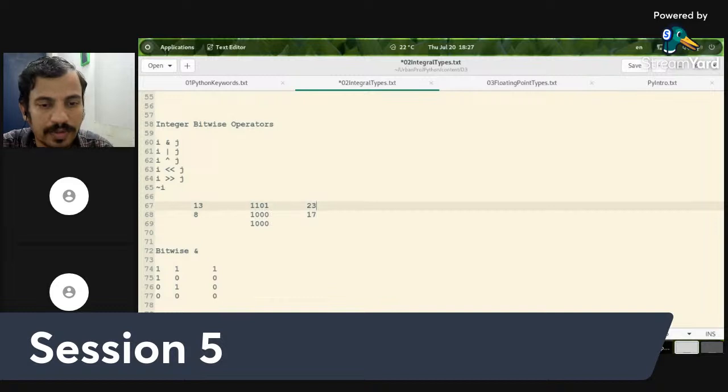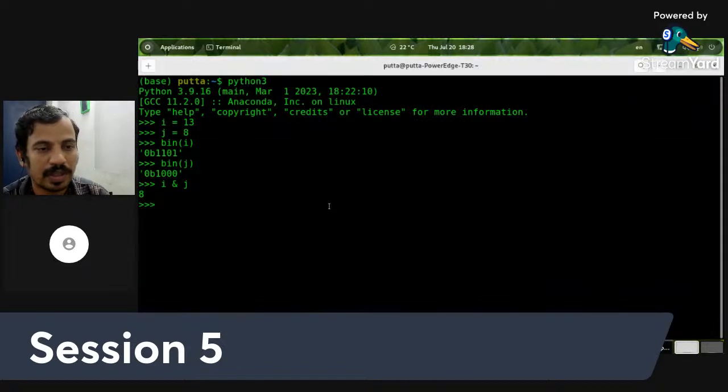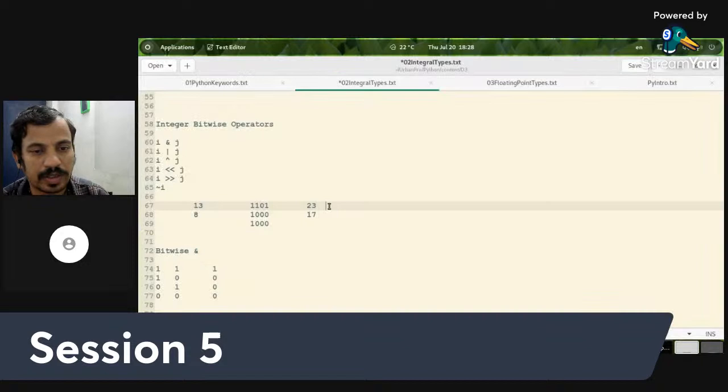Can you tell me the binary equivalent of 23? Use your Python shell and let me know how I obtain the binary equivalent of 23. Can someone tell me the result?